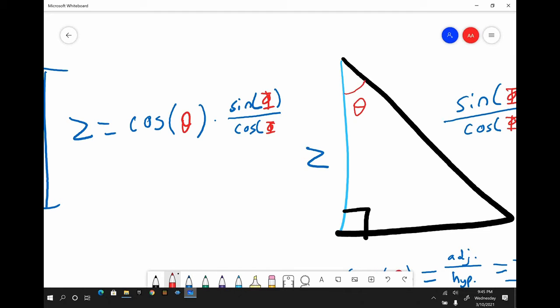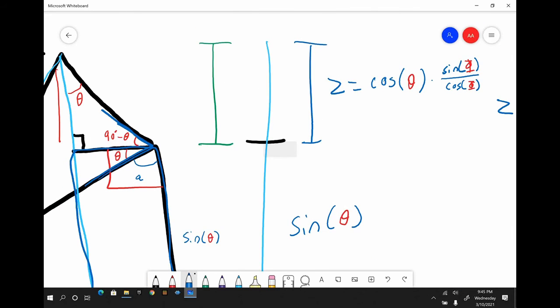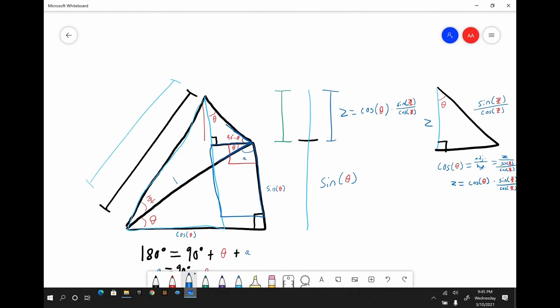we are ready to solve for the sine of our big triangle because we have a known opposite side length, which is the sum of these two values: the sine of theta plus the cosine of theta times the sine of phi over the cosine of phi.